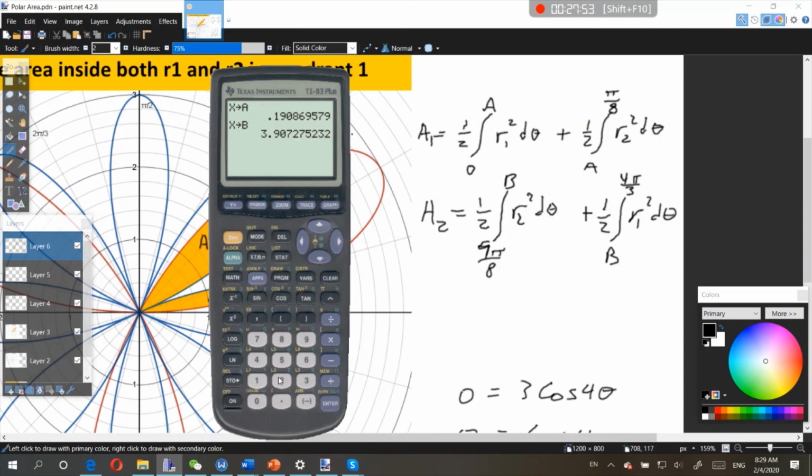This is 0.5 times math 9, the integral of variables, y variables, function y1 squared, from 9 pi over 8 to b in terms of x. Oops. What did I get wrong?